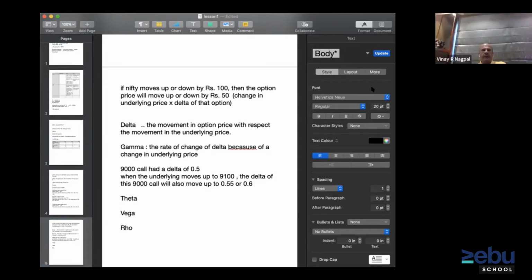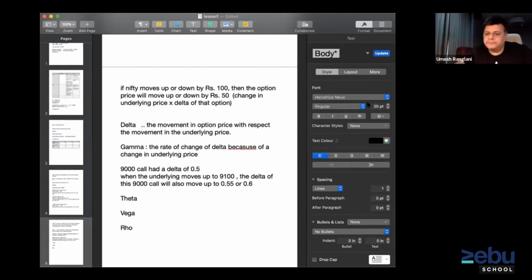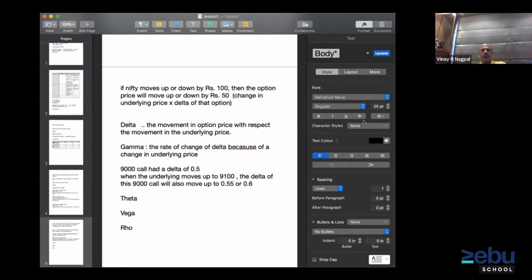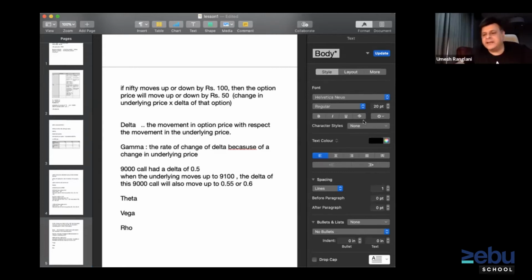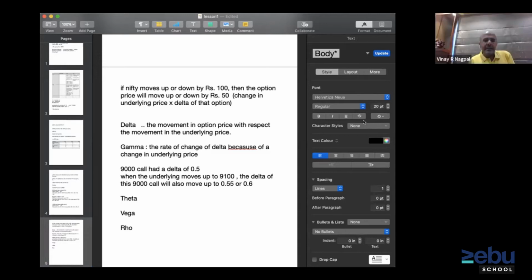And hence the delta goes up. So from 0.5, as the market goes up, the same call will now have a delta of 0.6, 0.7, 0.8, 0.9. And at expiry, if it is expiring in the money, then the delta is 1.